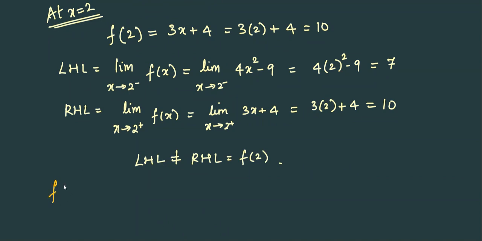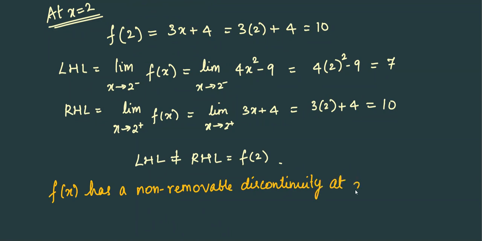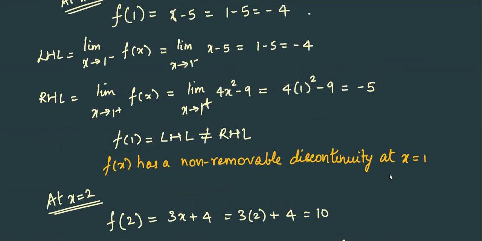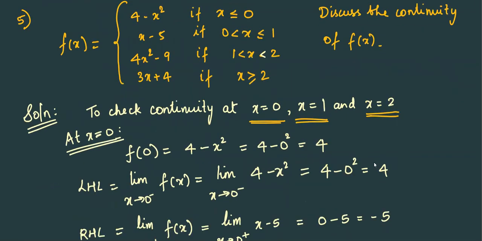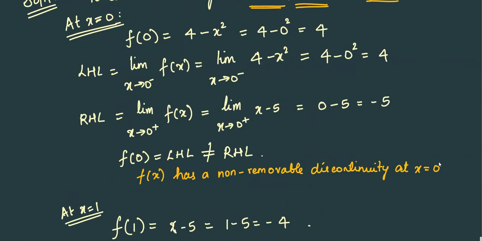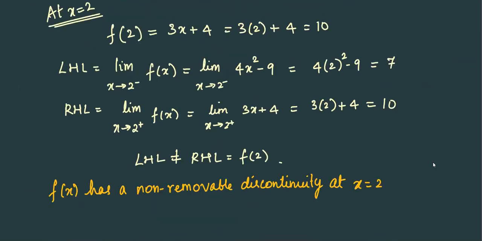So f of x has a non-removable discontinuity at x equal to 2. So at all three places, x equal to 0, 1 and 2, we get a function having non-removable or jump discontinuity.